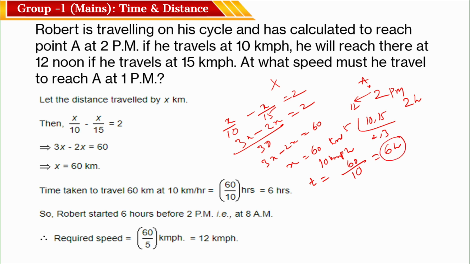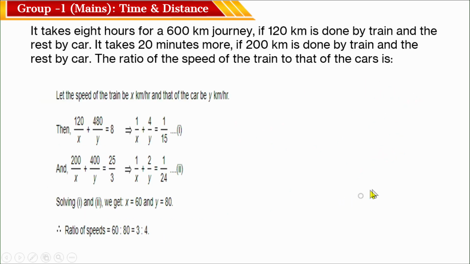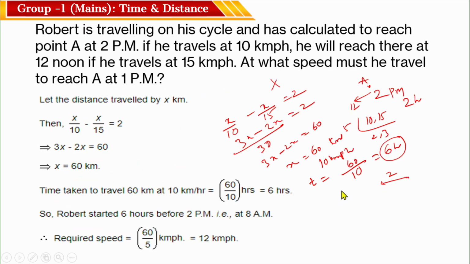So, he reaches the point A at 2 o'clock, correct. From 2 to 12 it is 2 hours, and 12 to 8, 4 hours, totally 6 hours.